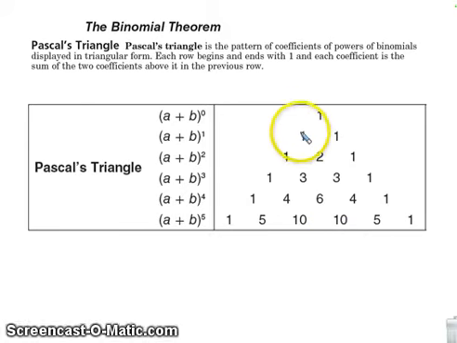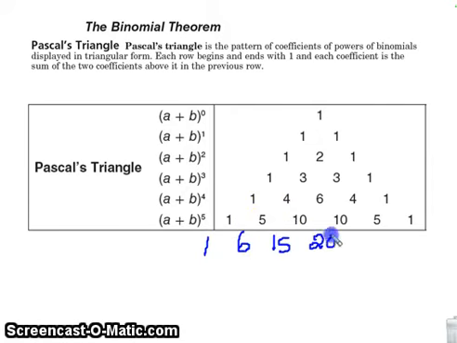You start with your 1, 1, 1, and then 1 plus 1 is 2, and 1. 1 plus 2 is 3, 2 plus 1 is 3, 1. 1 plus 3 is 4, 3 plus 3 is 6, 3 plus 1 is 4, 1. 1 plus 4 is 5, 4 plus 6 is 10, 6 plus 4 is 10, 4 plus 1 is 5, 1. 1 plus 5 is 6, 5 plus 10 is 15, 20.